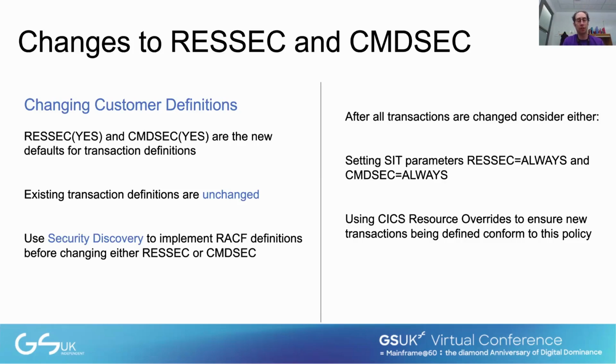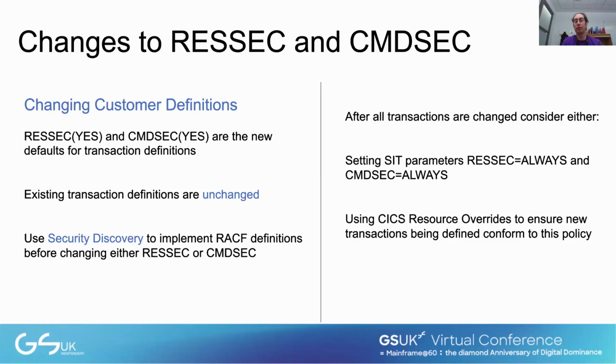And you can use security discovery or security request recording to find out what security checks take place in particular applications and allow you to make sure you've got the definitions in place before you change to ResSec yes, CommandSec yes.